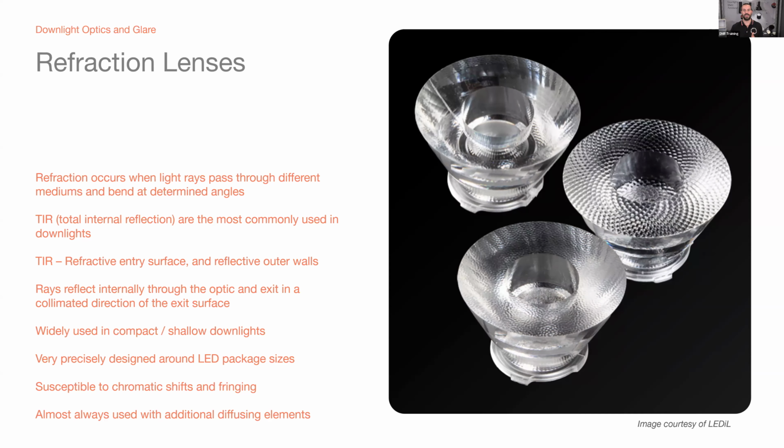So really, they're great at concentrating light and making it very collimated, but having a smooth-edged beam of light that nicely fills a space tends to utilize an additional optical element in most cases. So those are TIR lenses and refraction lenses in general, again, really widely used in downlights.